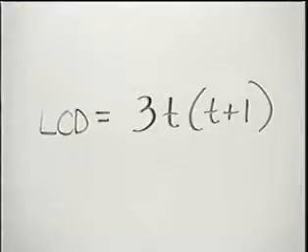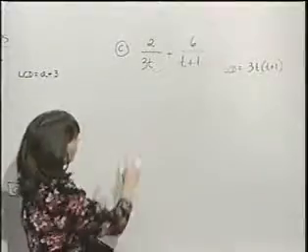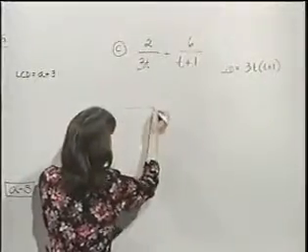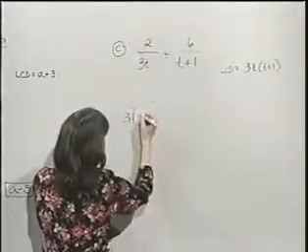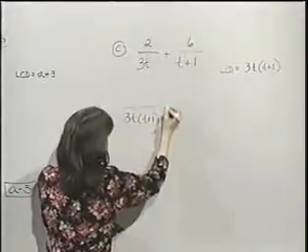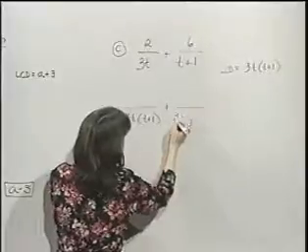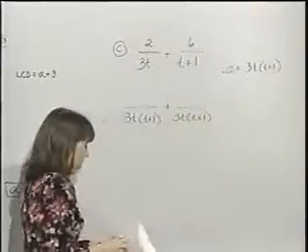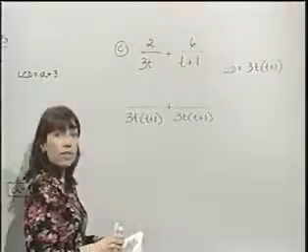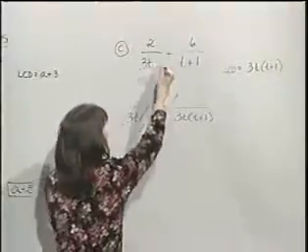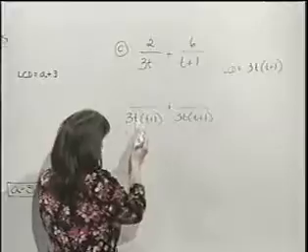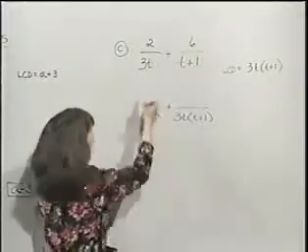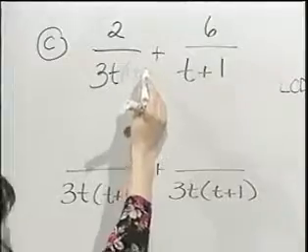So now we're going to go back to our original problem and find what our new fractions would be if we changed our denominators. So I'm going to write our fractions over the denominator 3t times t plus 1. And now we're going to go back and look at the previous ones and see what we have to do to change them. 3t, to get to this here, we need to multiply by t plus 1.